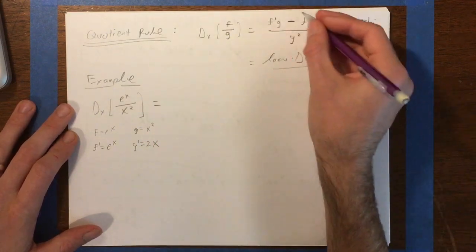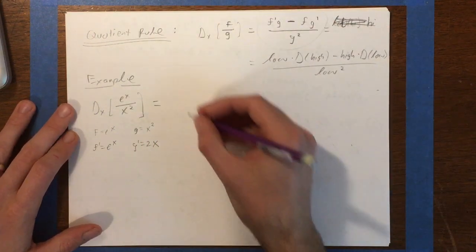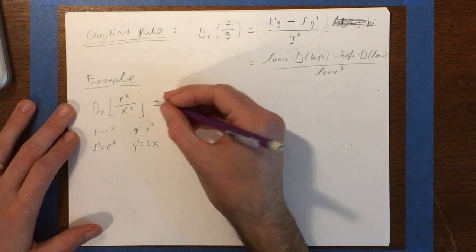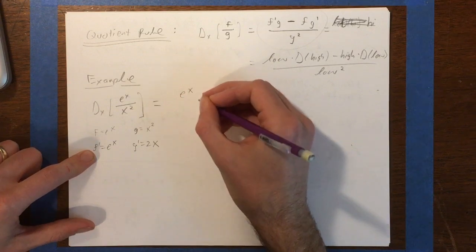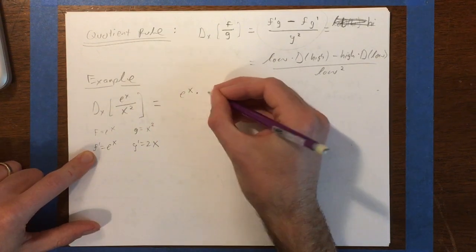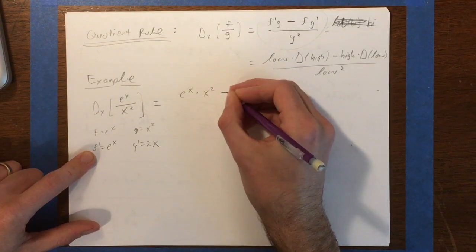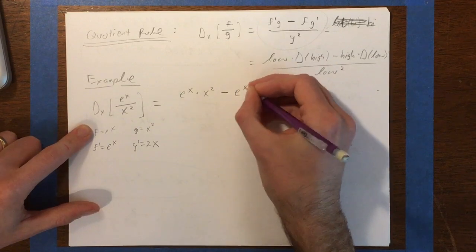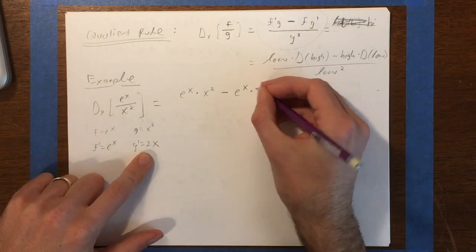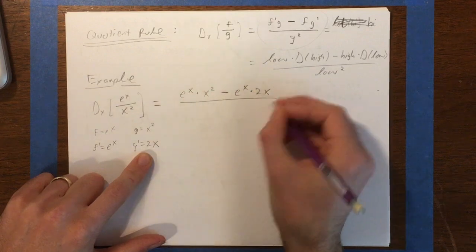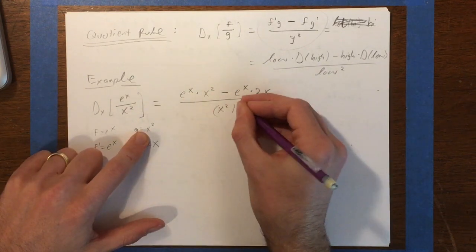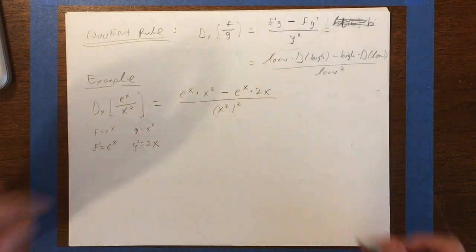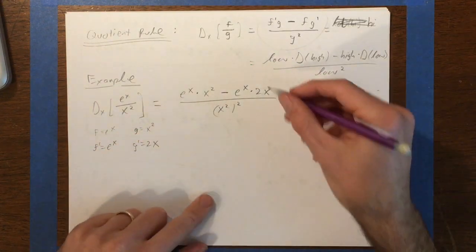Putting these into the quotient rule, we have the derivative of f, e to the x, times the original g, x squared, minus the original f times the derivative of g, 2x, all over g squared, which is x squared, squared again. And so that should be our derivative.